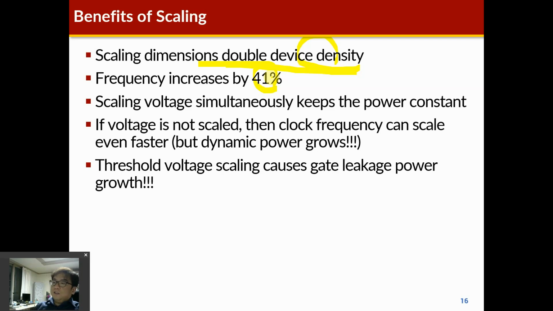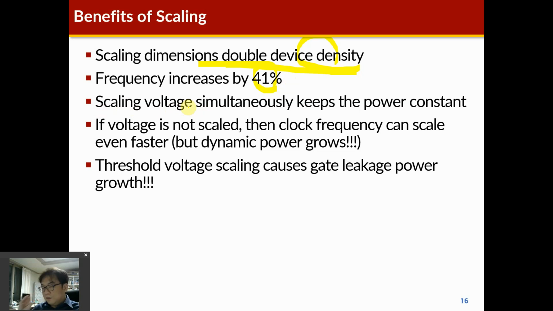Another advantage is that we can reduce the supply voltage. If we don't reduce the supply voltage, then we can increase the frequency. But if we set the same clock frequency with the new, advanced technology, then we can reduce the supply voltage of the MOS transistor.